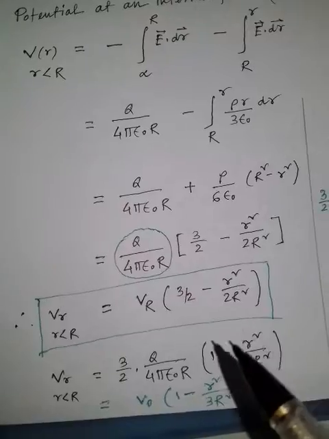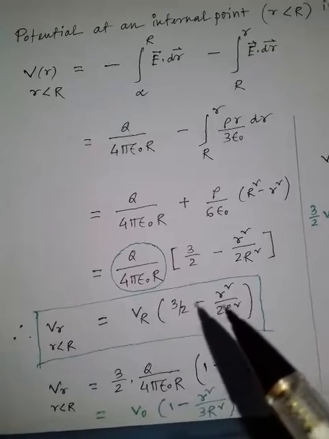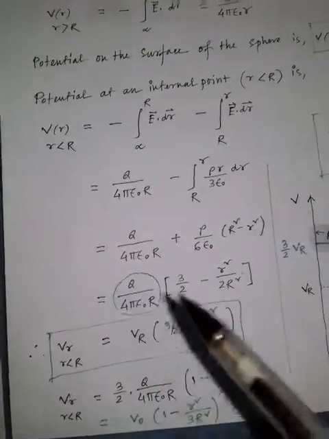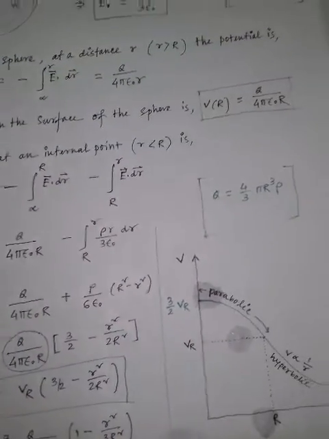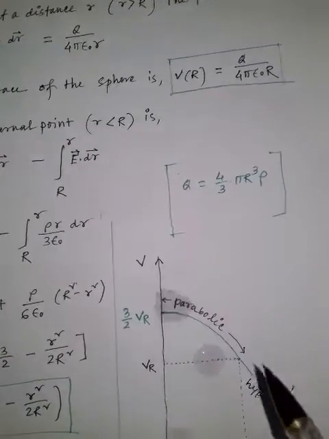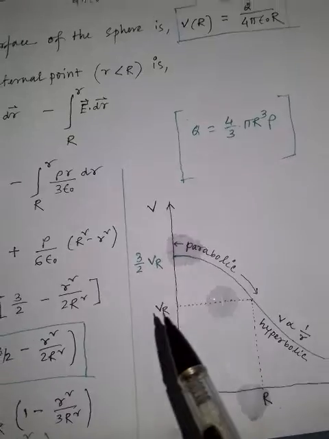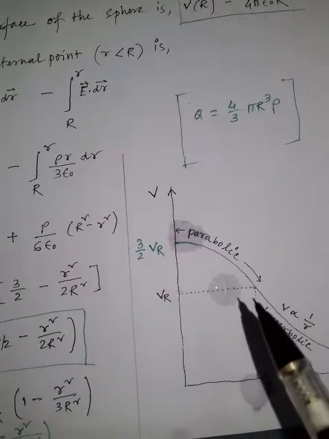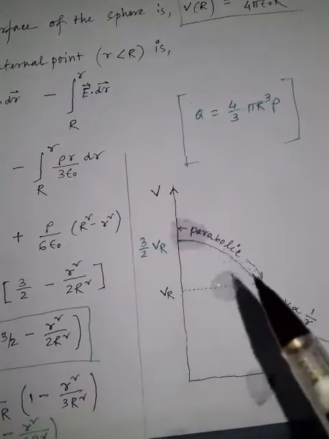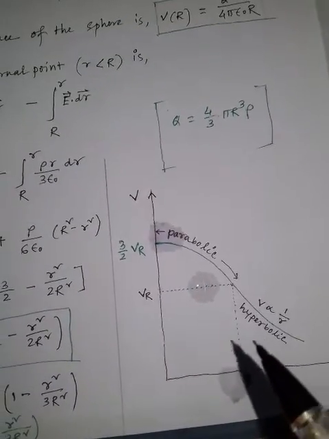The term within the round bracket implies a parabola. So if we draw the potential graph with distance, then the graph will look like this up to capital R. This is 3 by 2 V(R), and this is the potential at the surface at a distance capital R. This portion is parabolic within the sphere, and this portion is hyperbolic, that is, proportional to 1 by r.